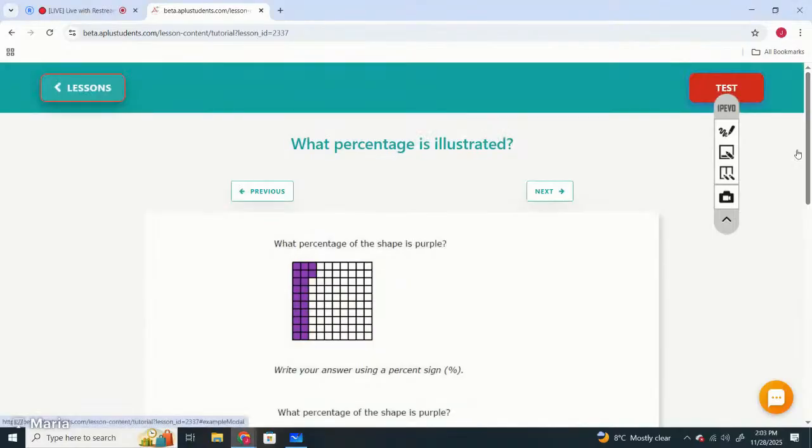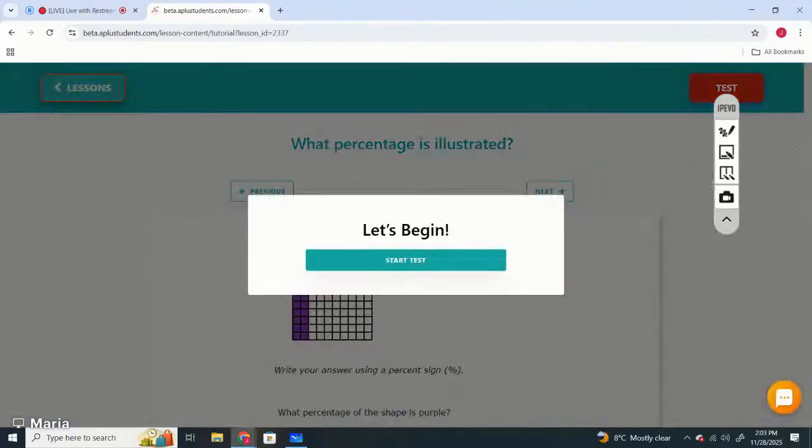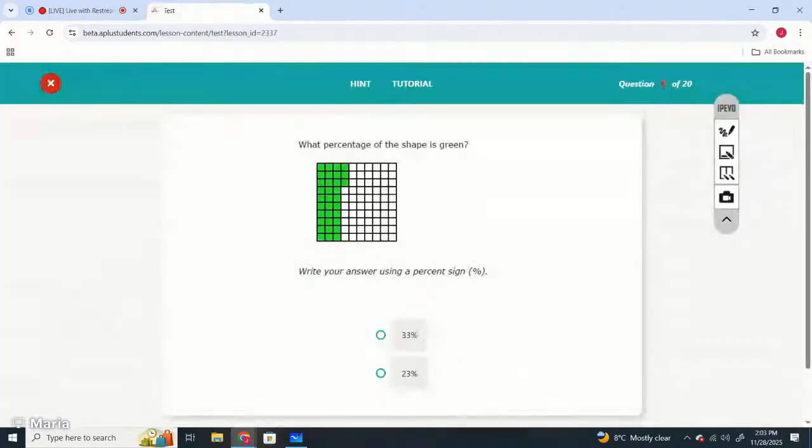Let's just start with the test questions. What percentage of the shape is green? So 10, 20, 30, 31, 32, 33.